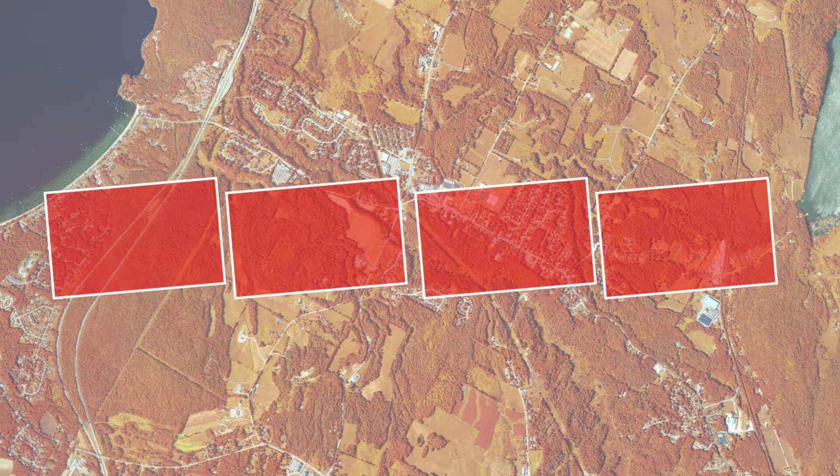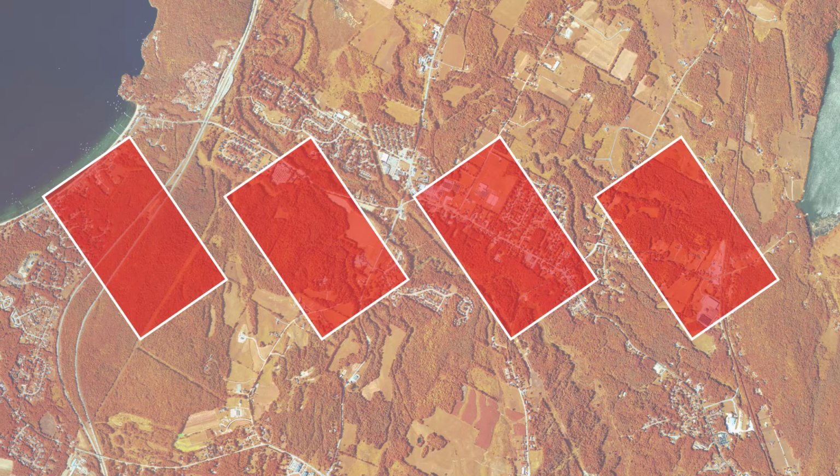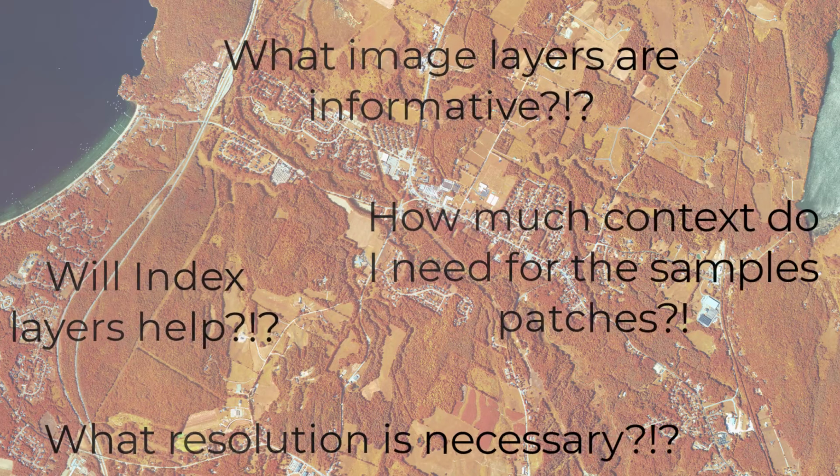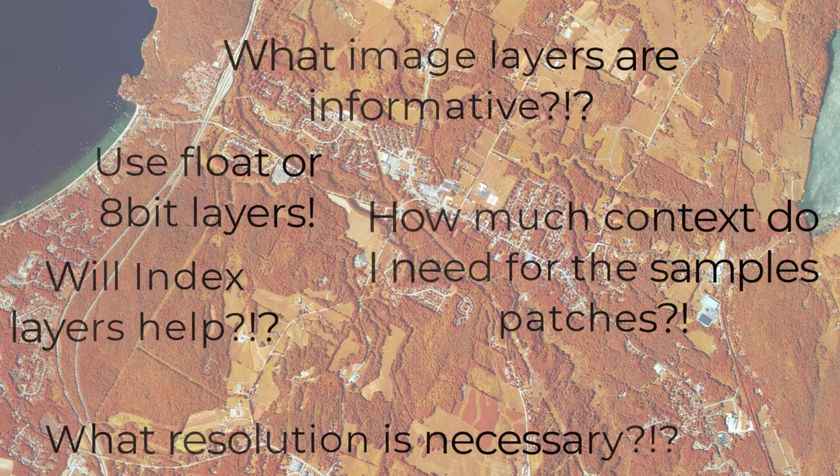So best practices would be to create a fully automated rule set, for example, where you can simply change some parameters and run it again and see if the result has changed, how the samples are looking, how many samples I have, and stuff like that. Also make sure to use float layers that have values between 0 and 1 or integer values, so 8-bit between 0 and 255.